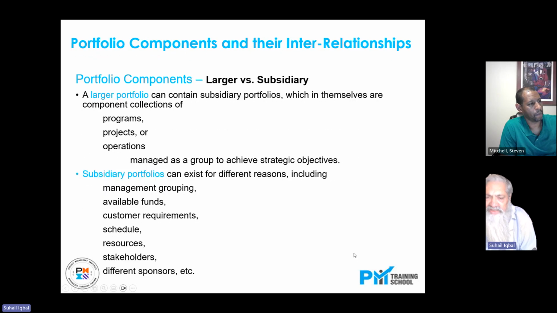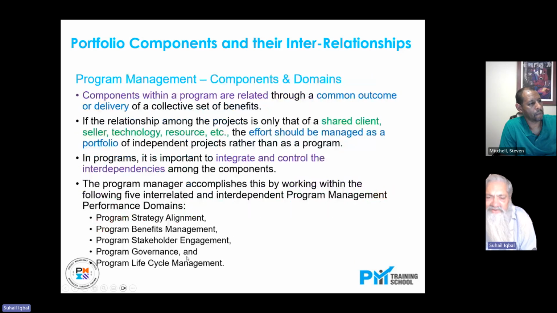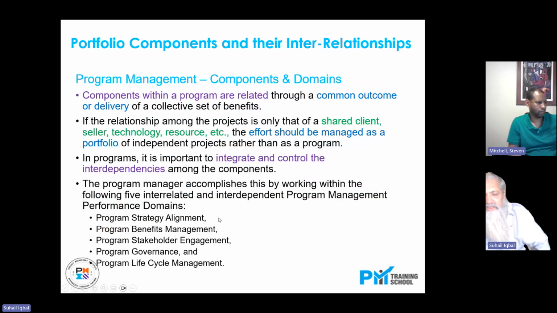And what are the domains of program management? These are the 5 domains of program management. Just for your knowledge, maybe if there is a question in the exam which refers to that, you must know: strategy alignment, benefit management, stakeholder engagement, governance, and life cycle management.